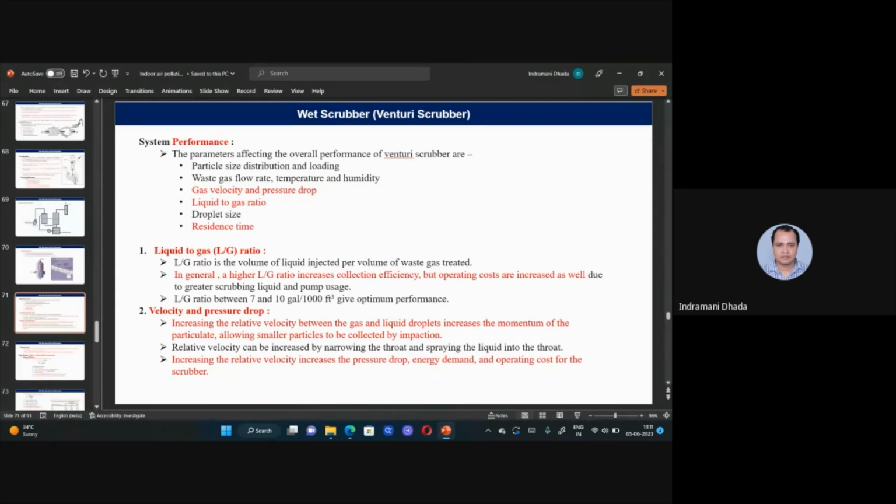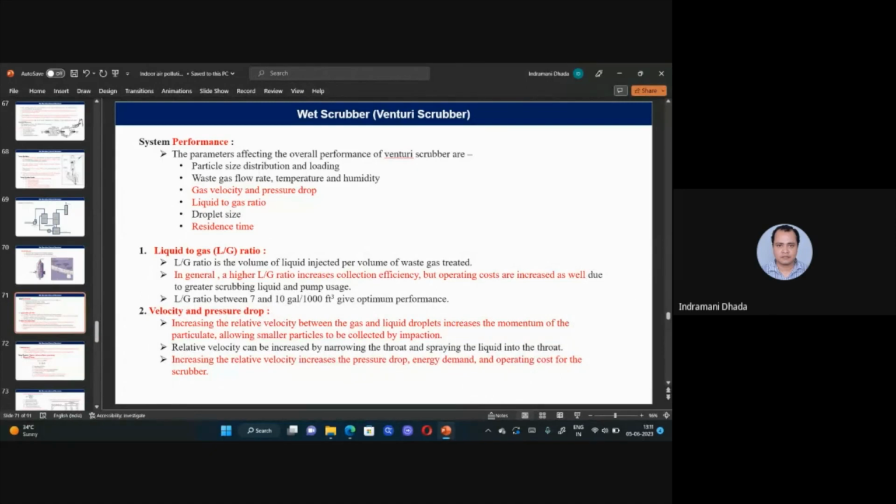Sometimes we can use the venturi scrubber also, which can have both kinds of things. It can rotate the gas, and at the same time it can spray the water also. We can use a combination of two or three things, like the gravity chamber. Initially you use the gravity chamber, and that can be used with the spraying.